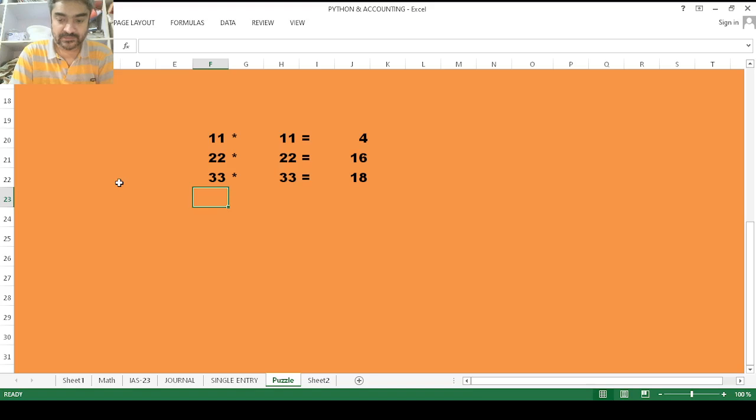Next one was 44 multiplied by 44 equal to 19. And the last one which we needed to identify was 66 multiplied by 66 equal to what?